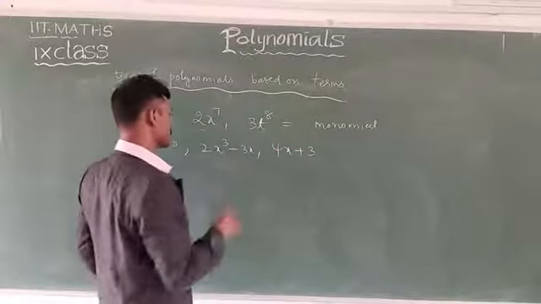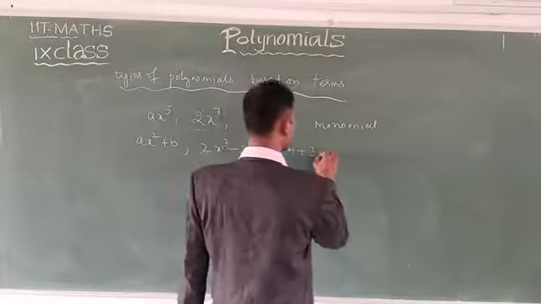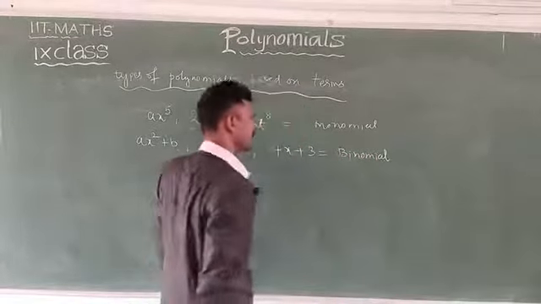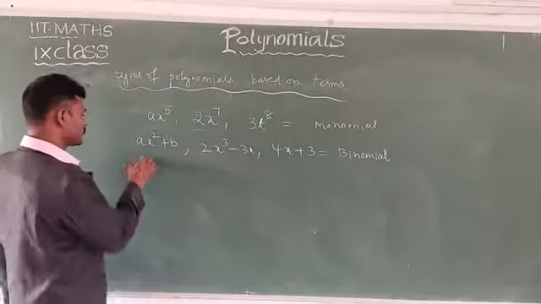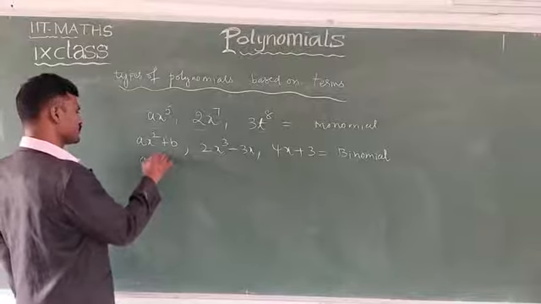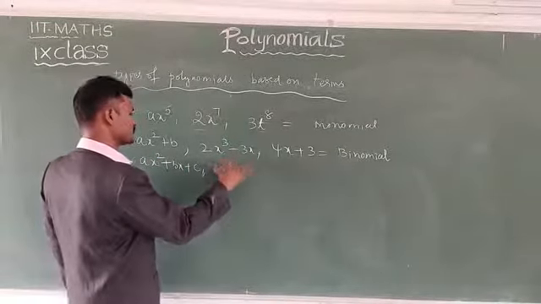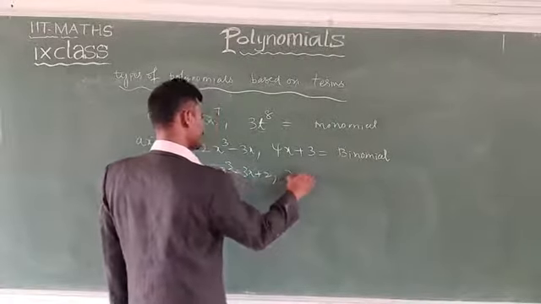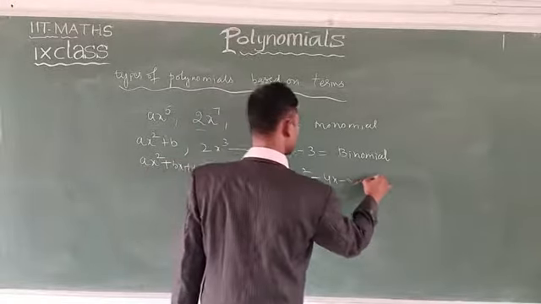Here 2 terms are there. This is one term, this is one term. Okay, this is called a binomial. Binomial. 3 terms which are separated by plus or minus, no problem: a x square plus b x plus c, and 2x cube minus 3x plus 2, and 3x square minus 4x minus 2. These are all called trinomials.